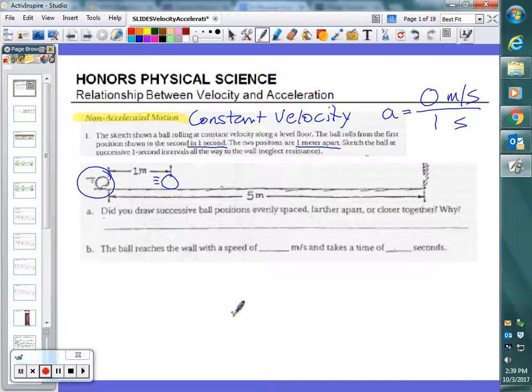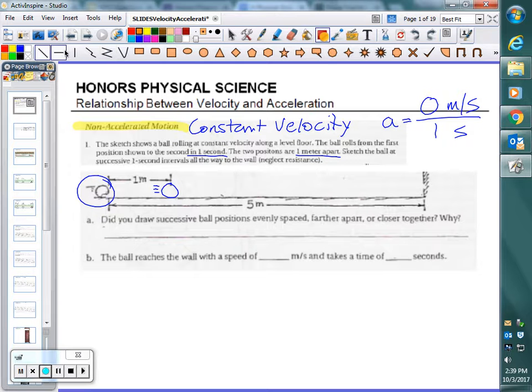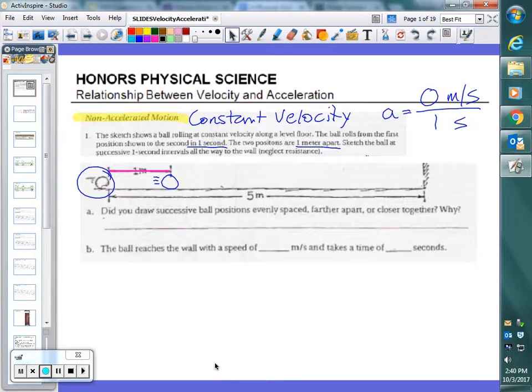It goes 1 meter for every second that goes by. Fair enough? Okay. So next, it says, sketch the ball at successive 1 second intervals all the way to the wall. All right? So I'm going to start off, and I'm going to draw a line that is this pink color right here. And I'm going to start it here, and I'm going to take it there. Okay? You'll see why in a second.